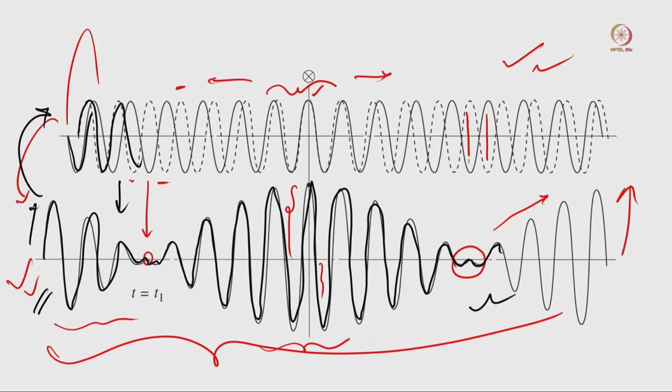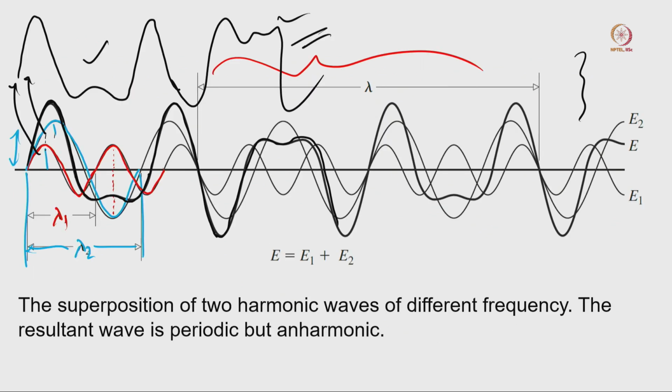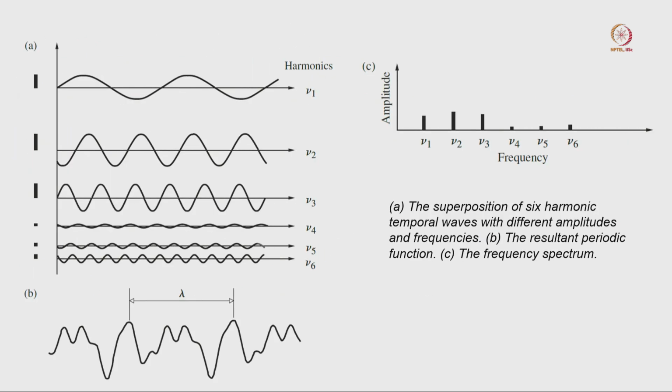Let us take a look at how we can decompose a wave. That is exactly what I was talking about. Here I will just use this blue color. Here you have a complicated wave function. This wave function is going in this direction and it is a periodic function.